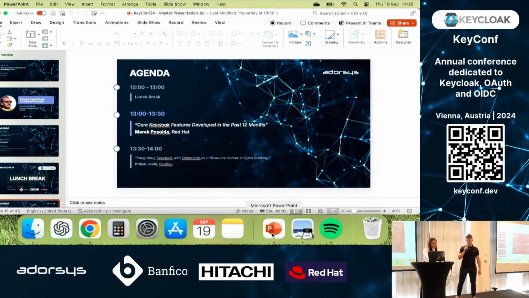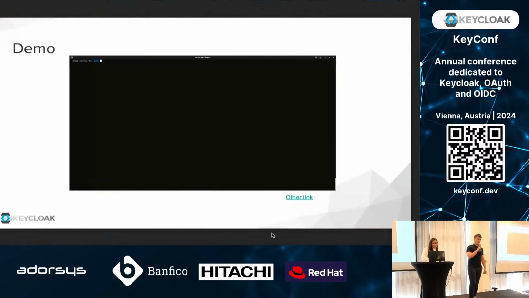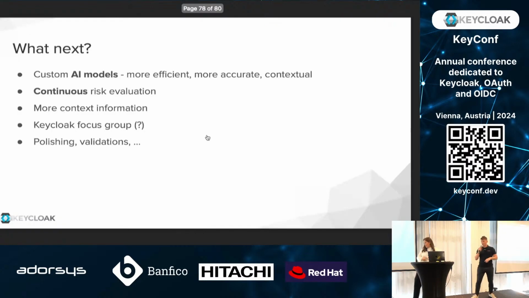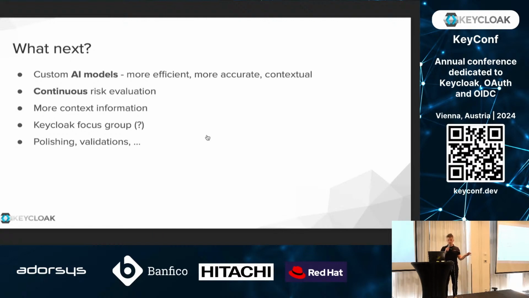It's just about what the next steps will be. I'd like to involve more custom AI models, which are more efficient, more accurate, contextual, and also provide continuous risk evaluation happening in the background of Keycloak.